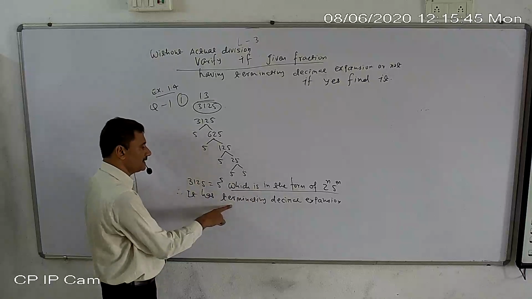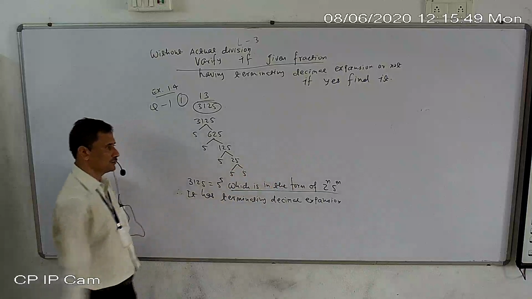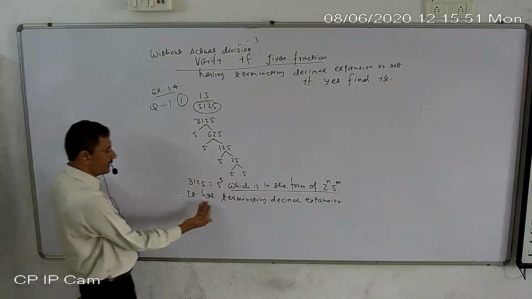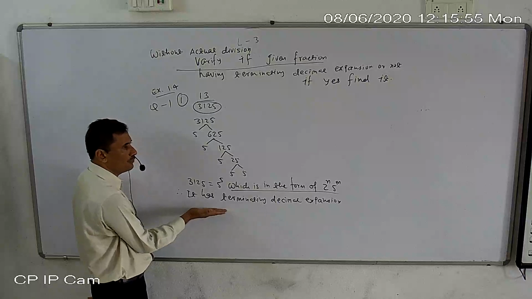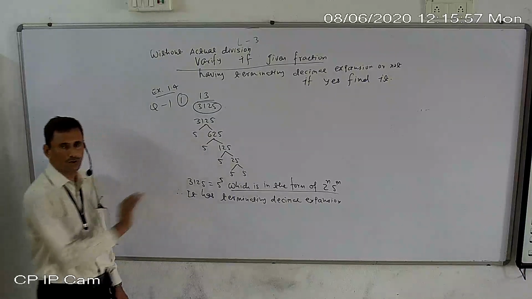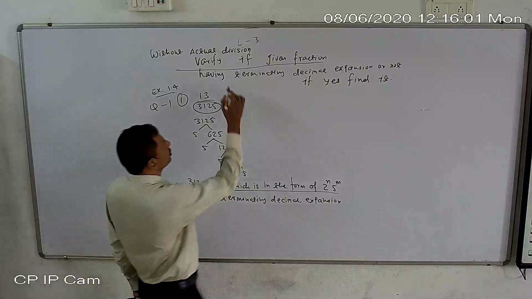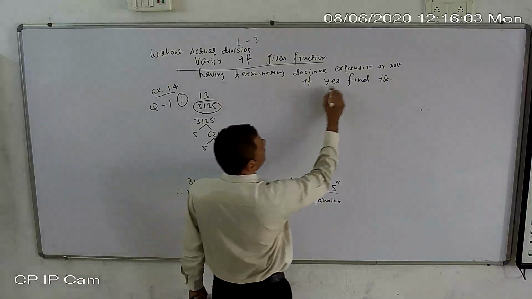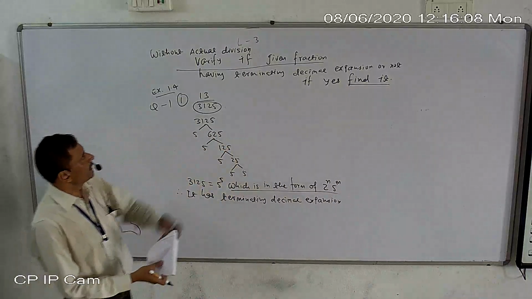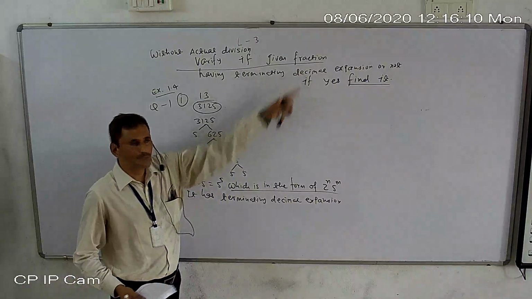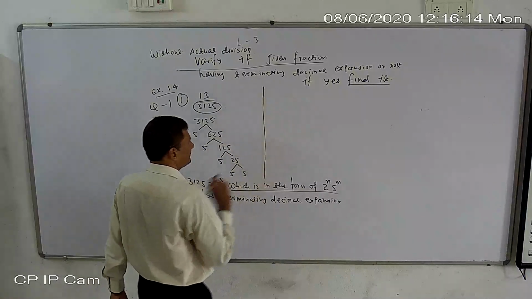If terminating, then we have to go to the second part also. If your answer comes non-terminating, then the sum is over here. But now we have terminating, so we have to find the terminating decimal expansion. So now we start our second part.